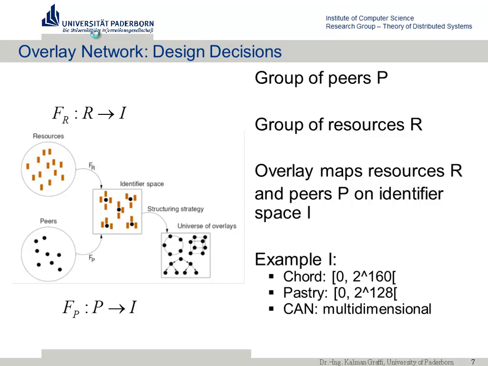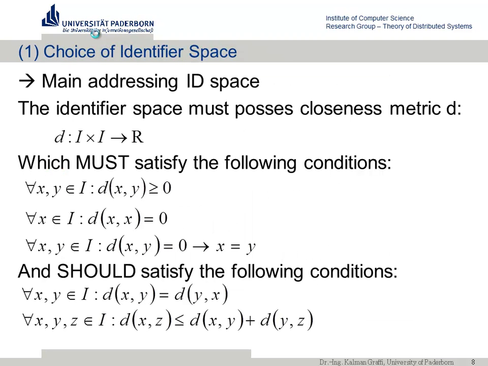And with the mapping, I just want to point out these 2 functions, FP, that maps a peer to an identifier, and the resources also have some identifier. So it's not so complex. Also this part is not so complex, although it might look like it. What it basically says is that there's a closeness metric.